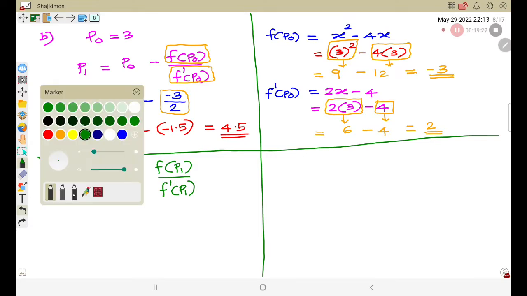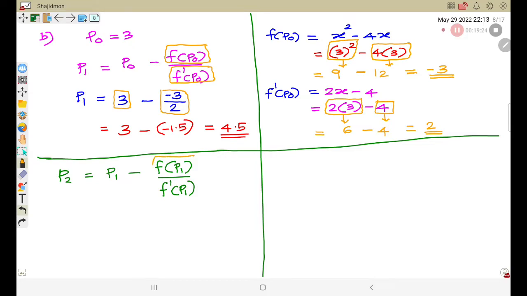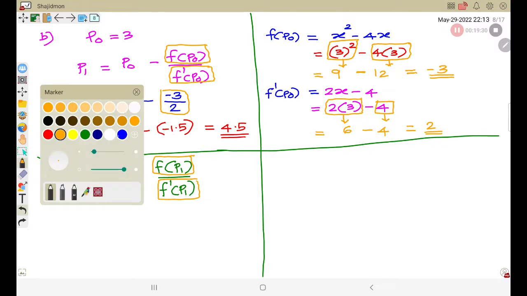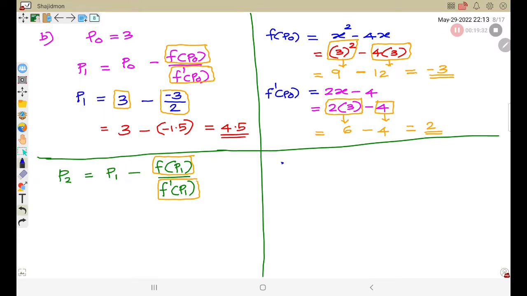As I told you, f of P1 we need to calculate separately, and f dash value at P1 we calculate separately on this side. First I am doing f of P1, then we need to do f dash of P1.